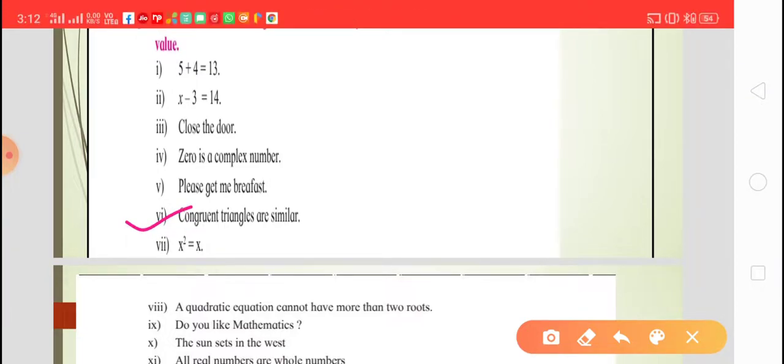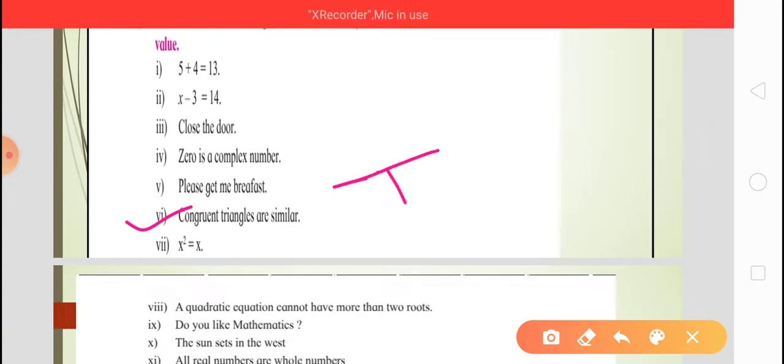Congruent means all sides and all angles are equal, and similarity means corresponding sides are in proportion or corresponding angles are equal, so all congruent triangles are always similar. It is true, so this sentence is a statement. Its truth value is capital T.